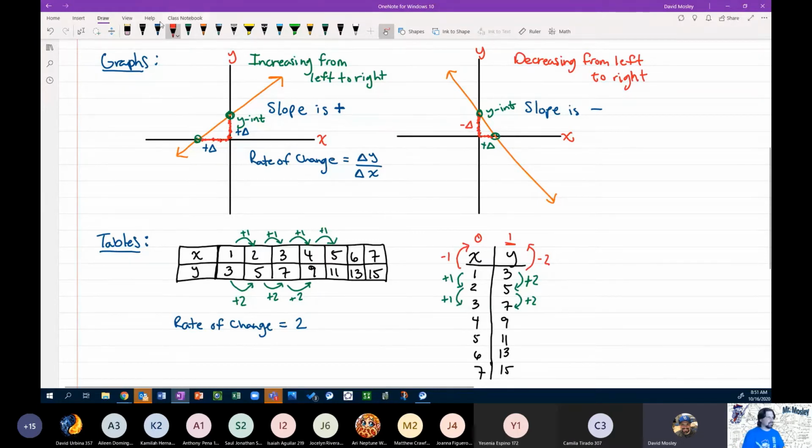Okay, that means the y-intercept is the coordinate (0, 1), right? And the start value is just 1, the y value of the y-intercept.